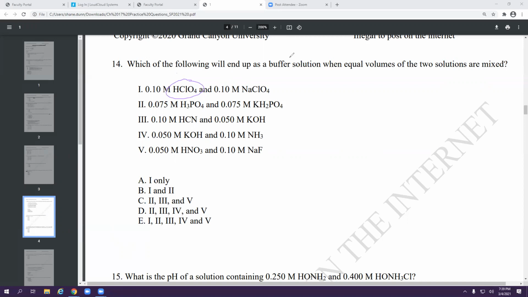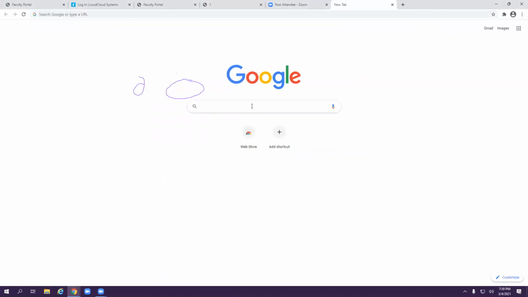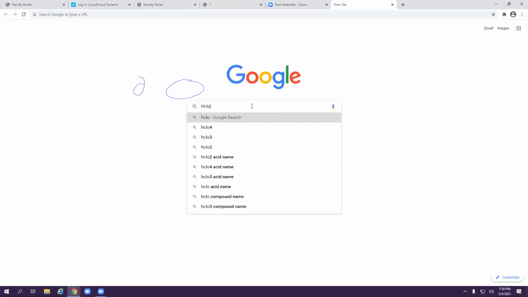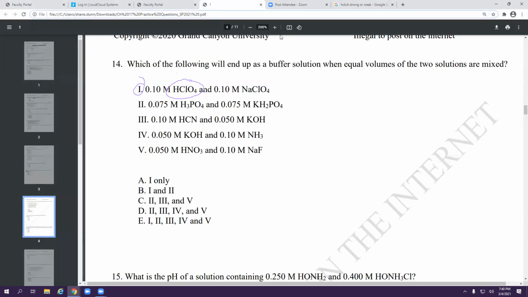Well, that's gonna be weird because that's one of the answers. You'll see why in a little bit. The reason being that's going to be a buffer is because I'm pretty sure that is a weak acid, guys. Let's find out. HClO4, strong or weak? Oh, you're right. It is a strong acid. Well, that's weird because that's one of the answers. Interesting. I forgot why I picked that. Huh. Okay, we'll come back to that one later then.